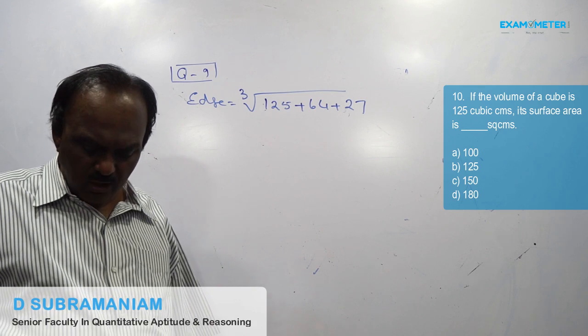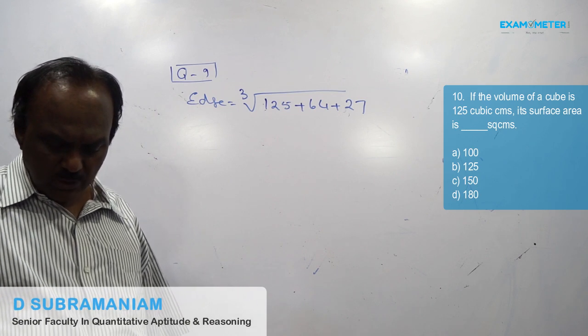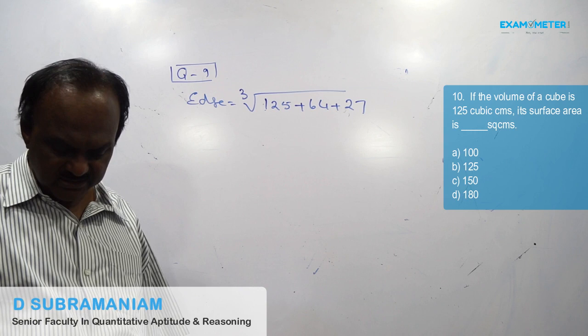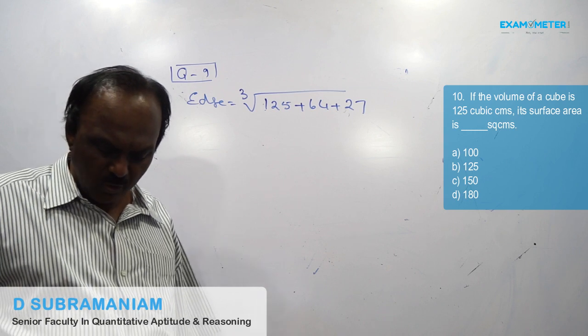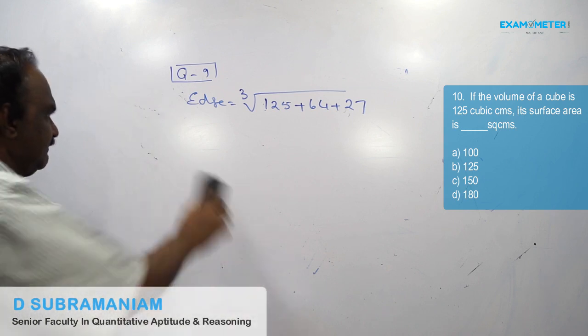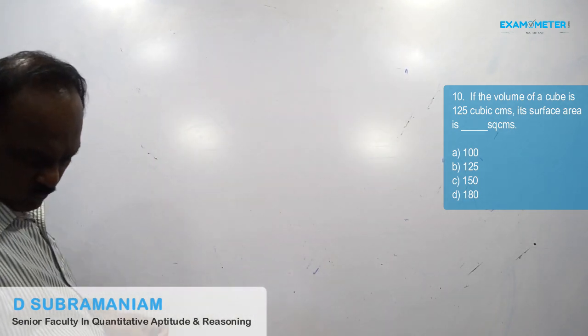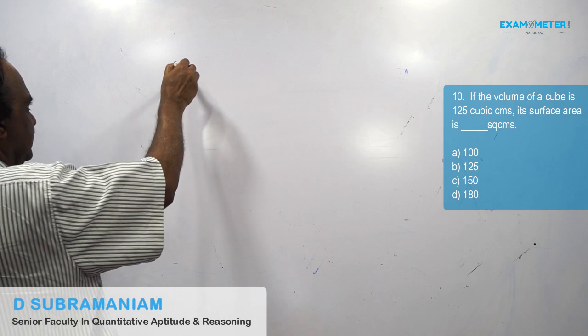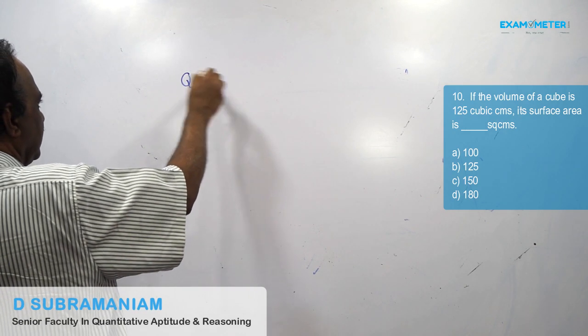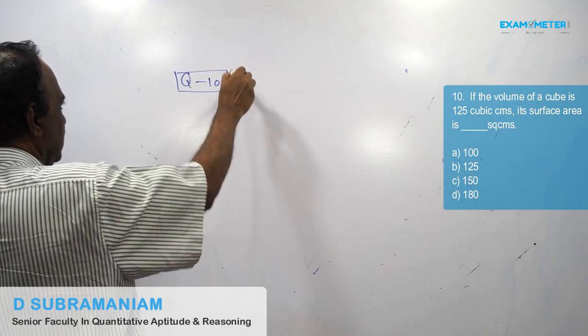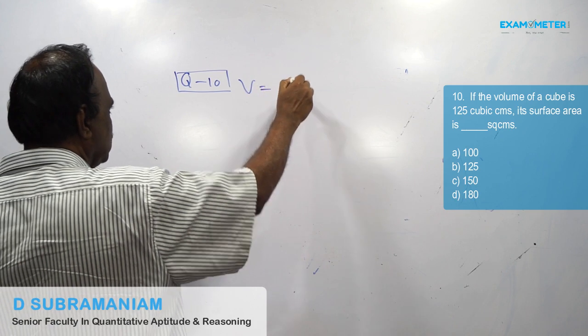Question number 10. If the volume of a cube is 125 cubic centimeters, its surface area is how many square centimeters? Volume is given as 125.